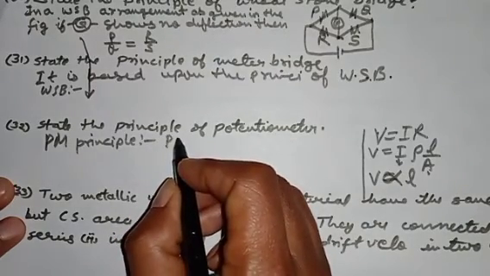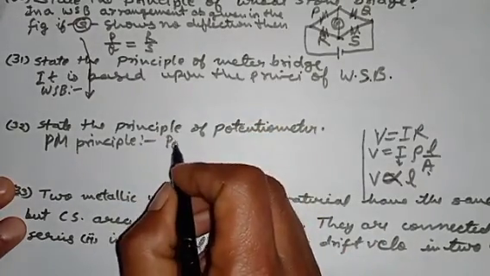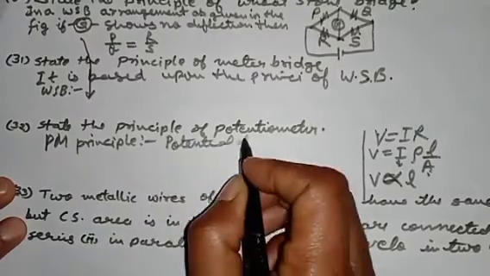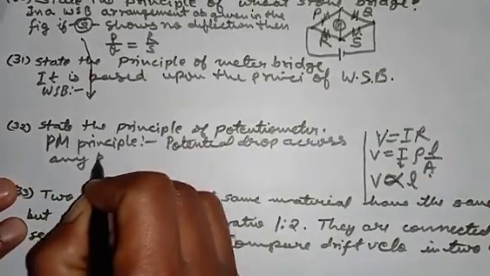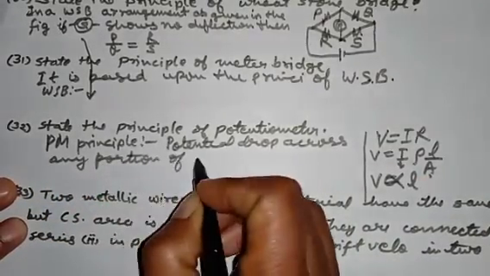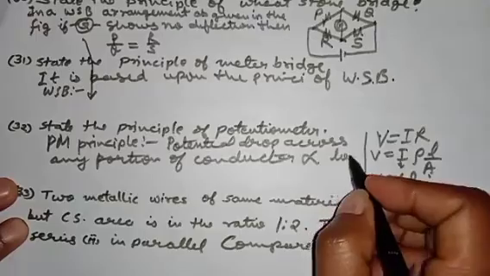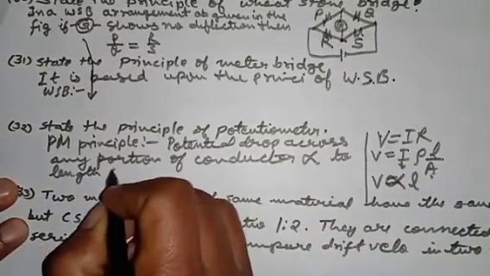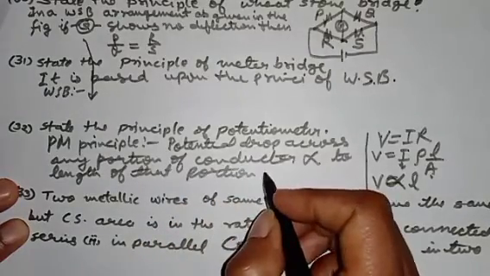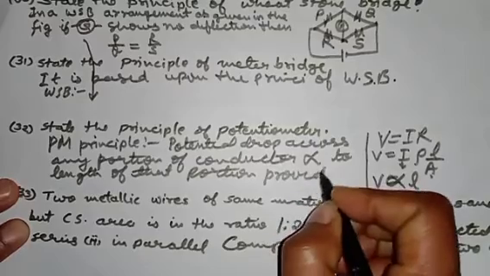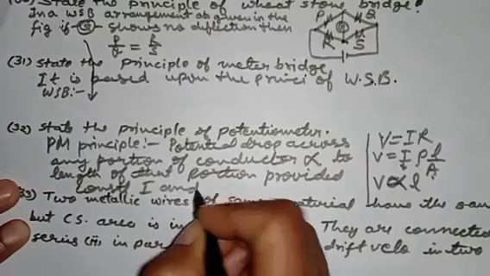Potential drop. Actually, we have to use the words potential drop, how much potential it has dropped. Potential drop across any portion of a conductor is directly proportional to the length of that portion, provided constant current and area of cross section.